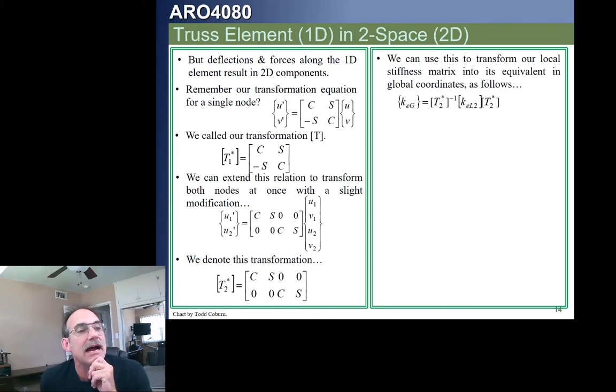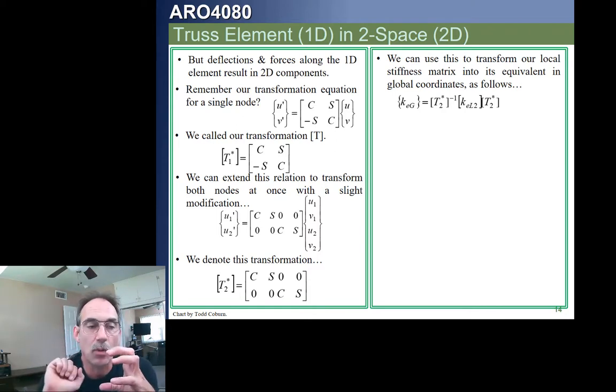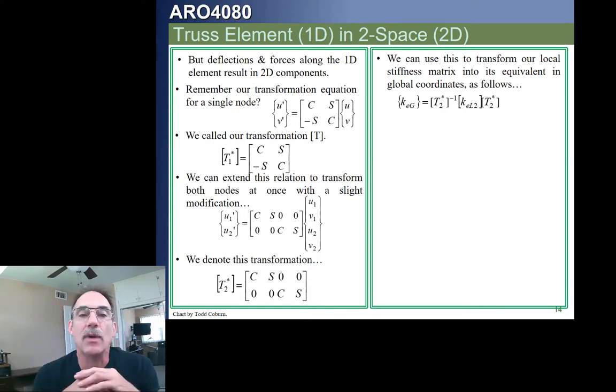And now we can say, all right, our element stiffness matrix. So we saw before, we started with our element stiffness matrix in the local. We expanded that into the 4x4. We then transformed it. And we can actually do that all in one step by taking our KEL2, our little 2x2 version, and we're going to pre-multiply by the inverse of the T star and post-multiply by T star.